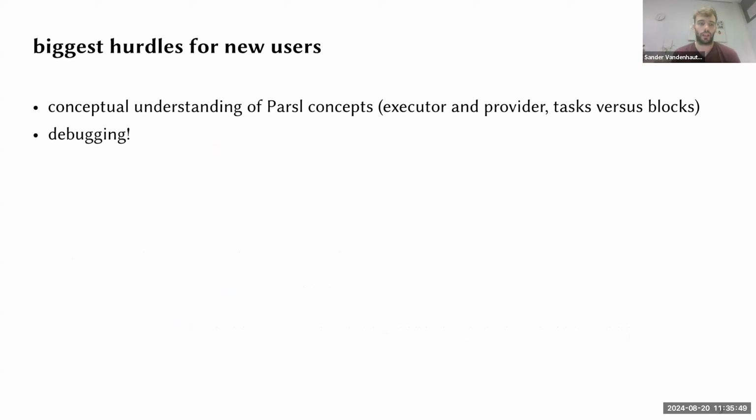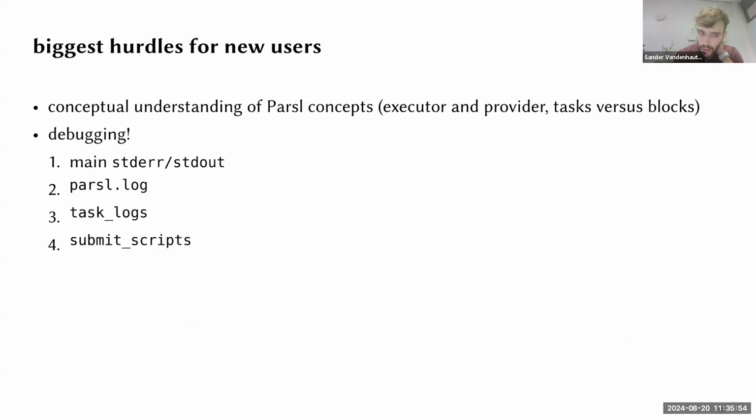And maybe finally a note on debugging. I've often had users ask me, okay, the stuff doesn't run and I don't know where to look for the error. This is probably a common complaint you've had from other users. I think there are just four locations where you need to look, and these four are also the order in which I would look at them.